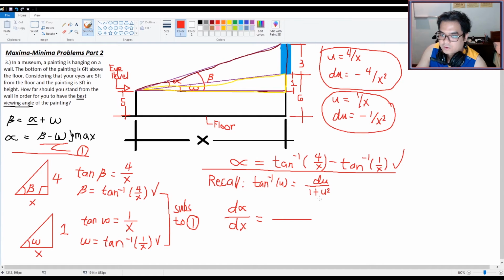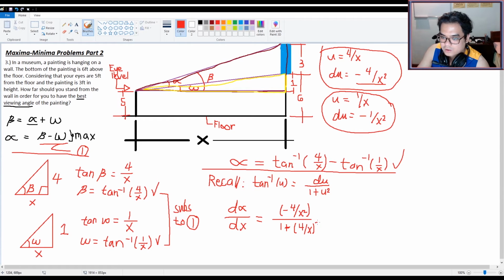So substituting those, you'll have du over 1 plus u squared. For the arctan of 4 over x, your du is negative 4 over x squared, and then 1 plus u squared, where your u is 4 over x.